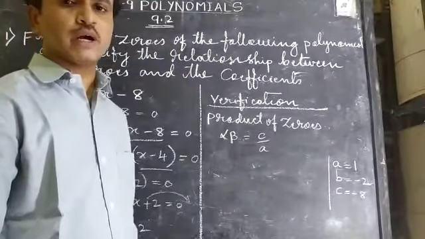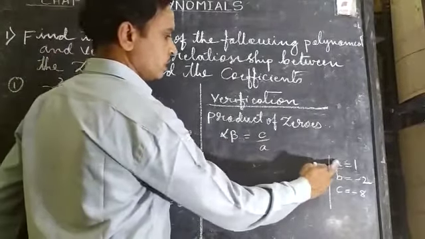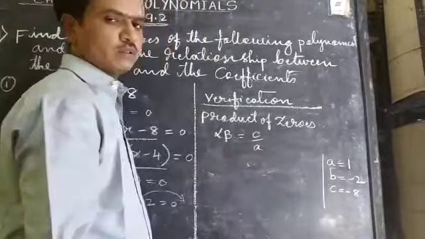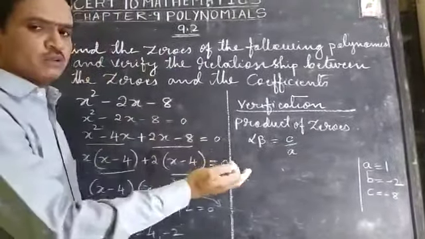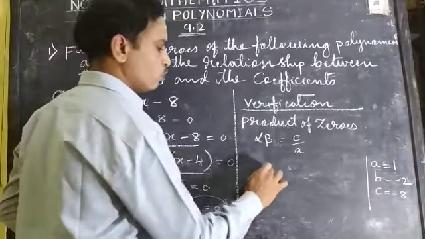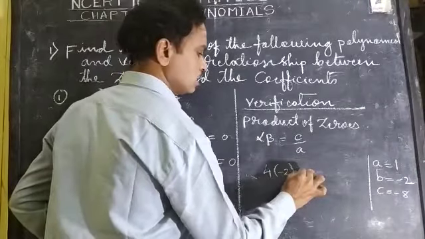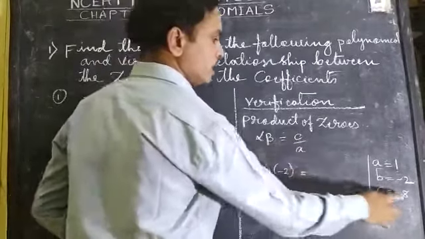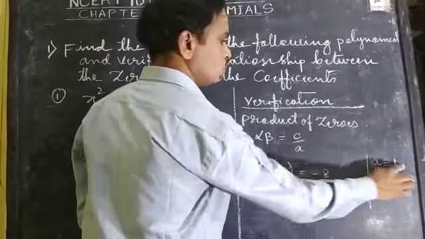You should keep it in your mind. Now we already got the a, b, c values. In this step we no need to take that same equation here. Directly we can take the alpha value, 4, beta value minus 2, is equal to the c value minus 8 divided by the a value 1.